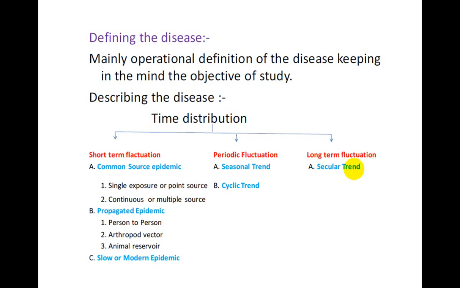Although it may have short-term fluctuation imposed on it, a secular trend implies a consistent tendency to change in a particular direction, or a definite movement in one direction. Examples include coronary heart disease, lung cancer and diabetes, which have shown a consistent upward trend in the developed countries during the past 50 years or so, followed by decline of such diseases as tuberculosis, typhoid, diphtheria and polio.